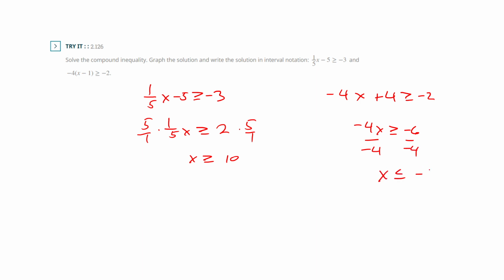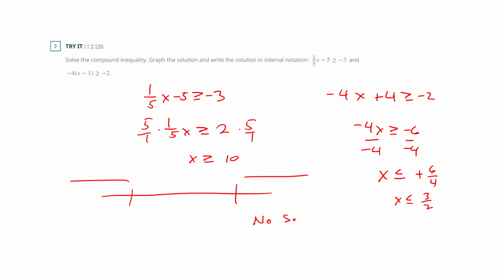And I'm going to get positive 6 over 4, which is the same thing as 3 over 2. Okay, so I could graph these, but we're going this way, and we're going that way again. So this is no solution, because it was an and. There's the next situation, that's going to be acceptable, but not for an and.